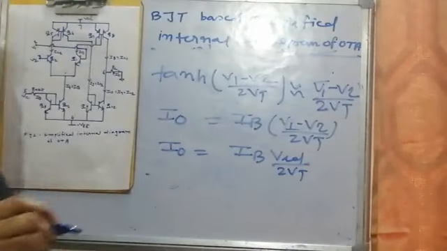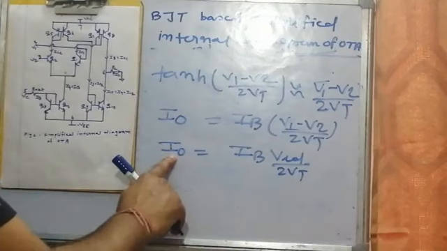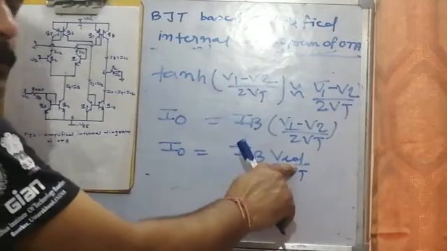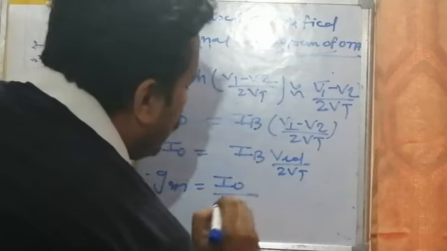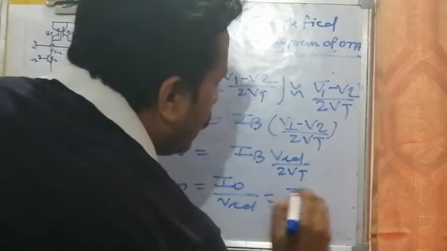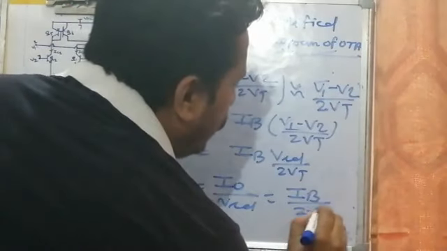And what is the value of transconductance? Output current divided by input voltage. So Gm equals I0 by VID equals IB divided by 2Vt.